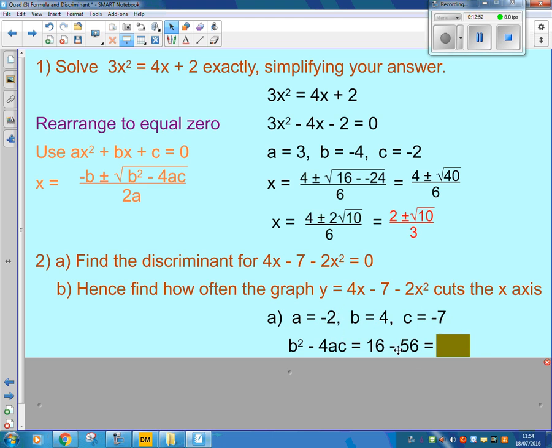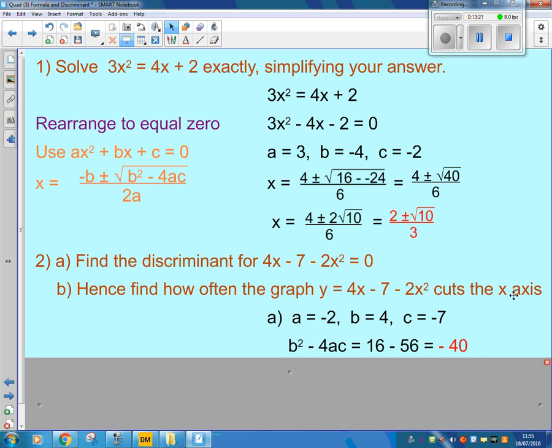So that's why you're getting a minus 56 at the end, because you're getting a minus there, and the 4 times minus 2 times minus 7, minus sign again twice. So you're getting minus 4 times minus 2 is minus 8, times minus 7 is plus 56, and you're taking away the 56. I'm really emphasizing this because the signs here are critically important. Then 16 minus 56 is minus 40, so our discriminant is minus 40.